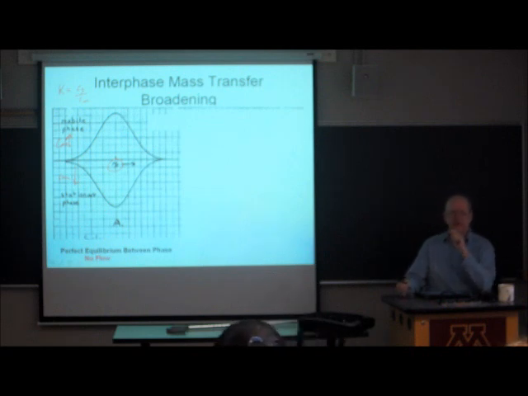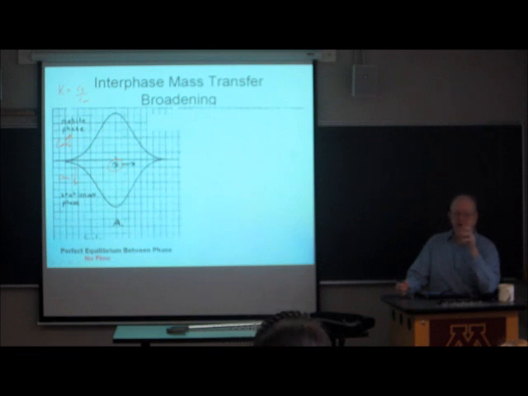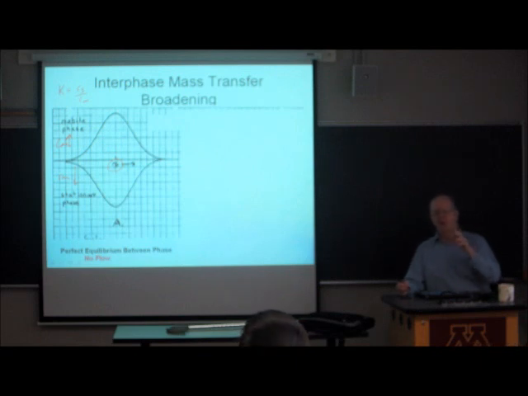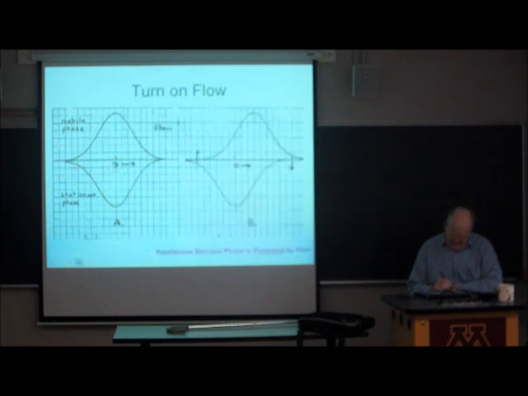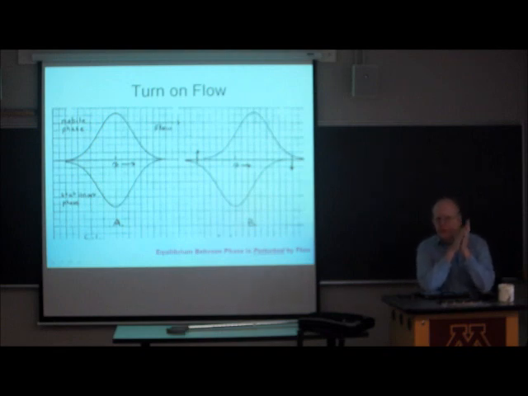Now, suppose we turn the flow on. By definition, the stationary phase is not flowing. It wouldn't be called stationary if it was. A very, very short time after the mobile phase flow is turned on, the system's no longer at equilibrium.